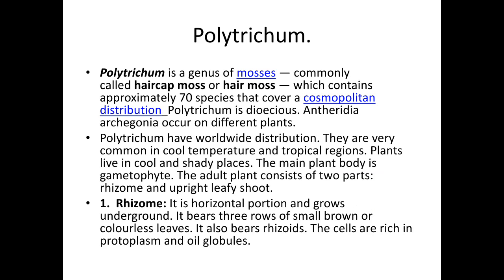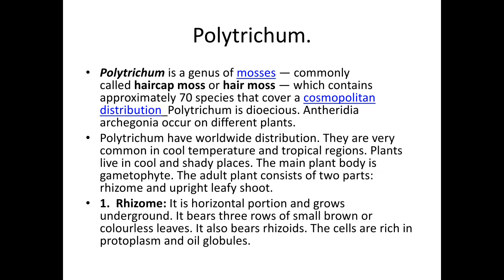The main plant body is the gametophyte. It is not thalloid. It is distinguished into rhizoids, axis, and leaf-like structures. The adult plant consists of two parts, rhizome and upright leafy shoot.